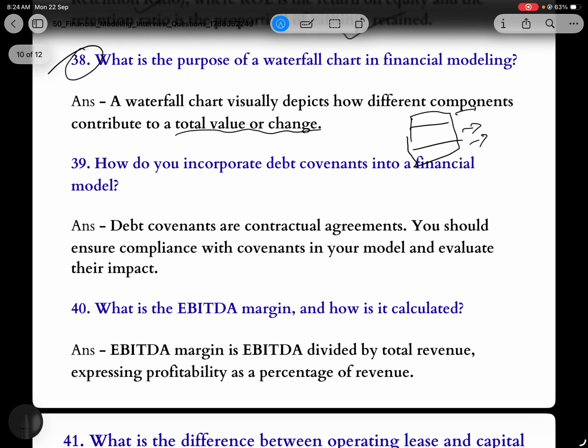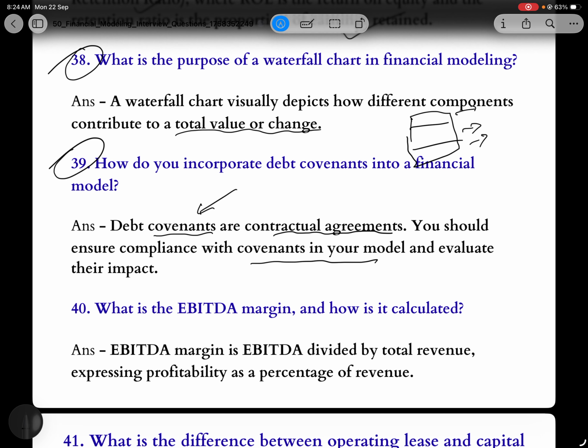So how do we incorporate debt covenants? Of course, debt covenants are contractual agreements. Covenants are like the conditions in an agreement. So we should ensure compliance with the covenants and consider their impact. Otherwise, it will be increasing our liability side of things.